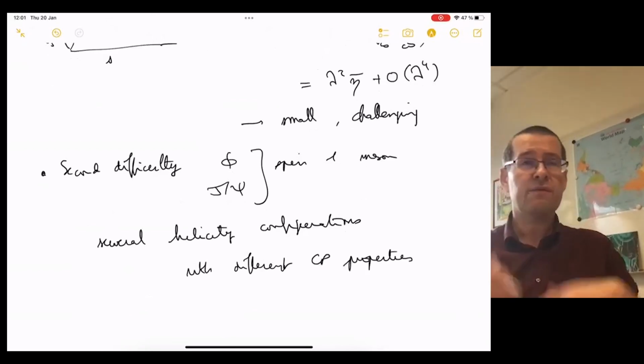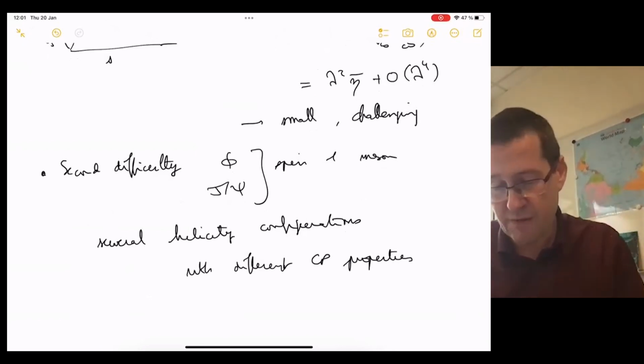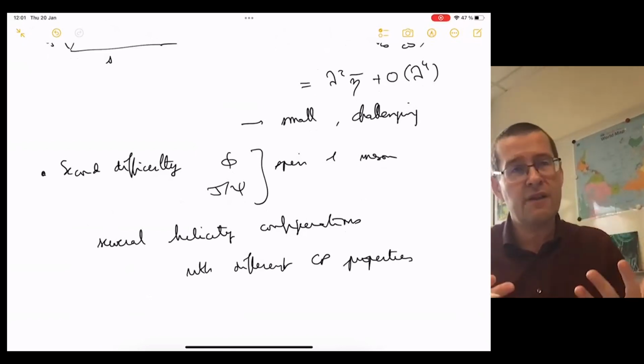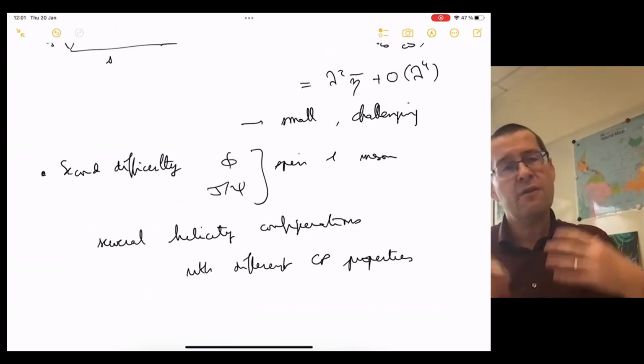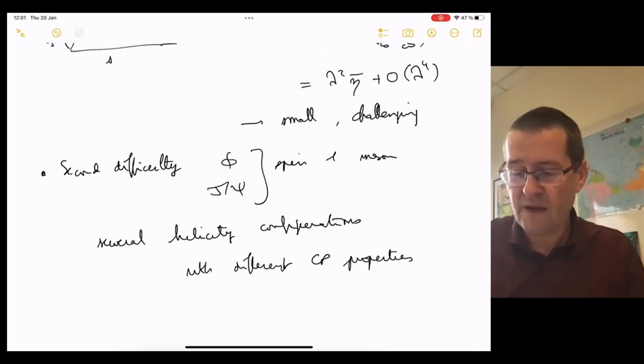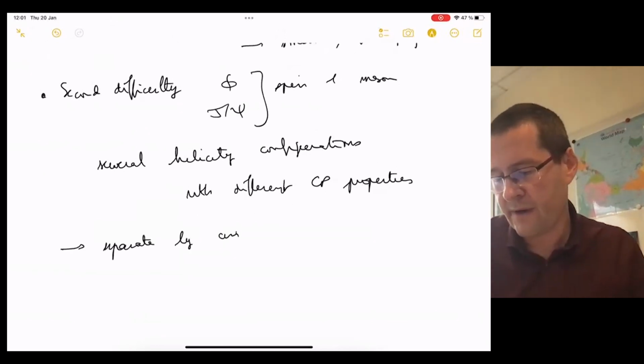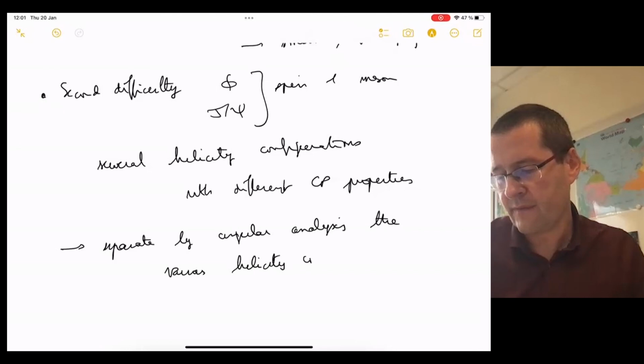And you saw that when we were discussing this lambda ratio that was giving you information on the angles, we had at some point to use the CP properties of the final states. So that means that we have to separate the various helicity components by angular analysis.